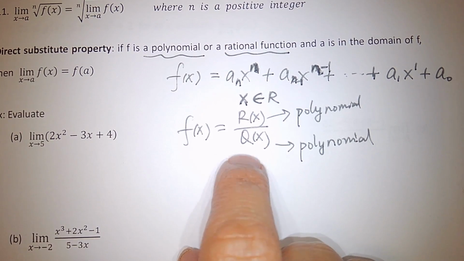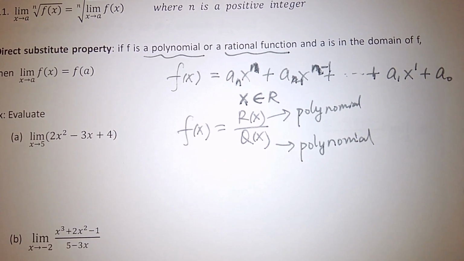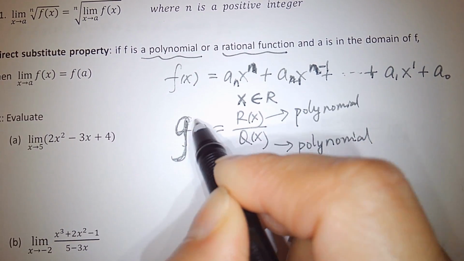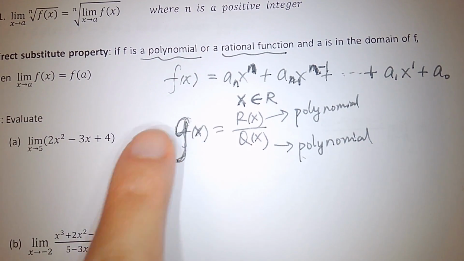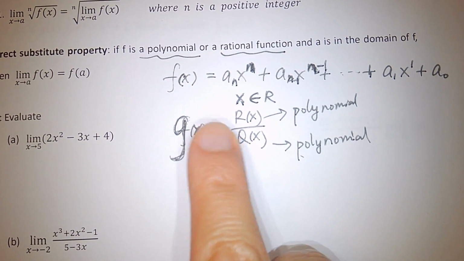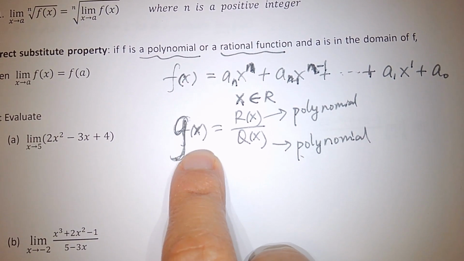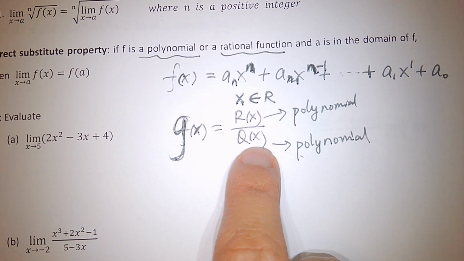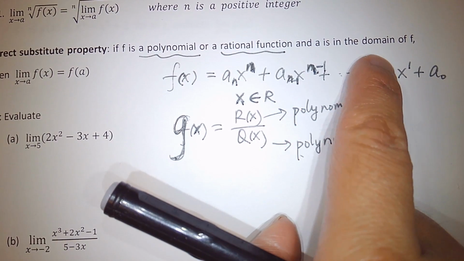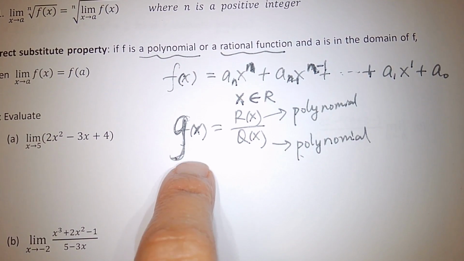However, for rational functions, let me call this g, because we want to make sure this function looks different from the previous function. So let's make it g. For a rational function, what is the domain of g? Any number such that the lower polynomial doesn't equal 0. Yes. So a is in the domain of g in this case.